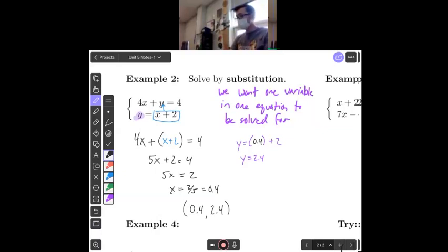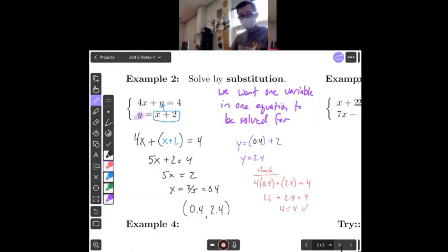Let's check it before we move on. So 4 times x plus y is supposed to be 4. 4 times 0.4 would be 1.6. And 1.6 plus 2.4 is 4.